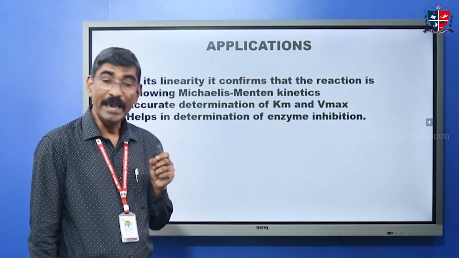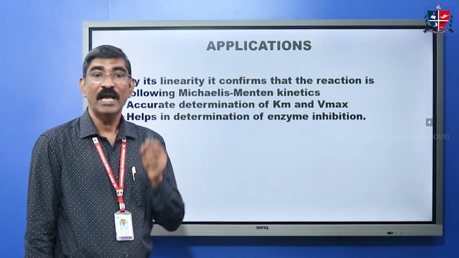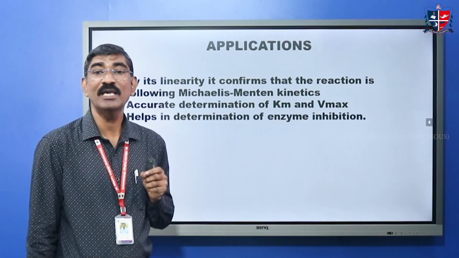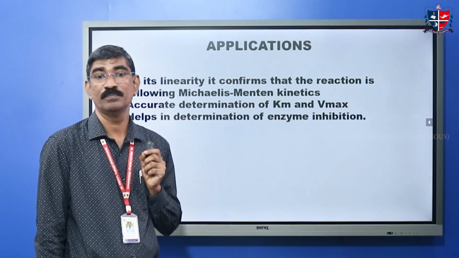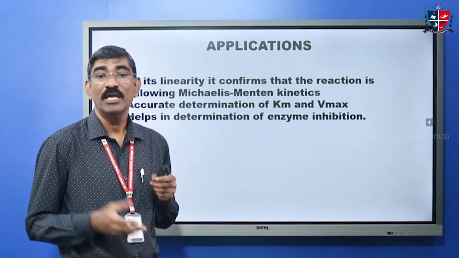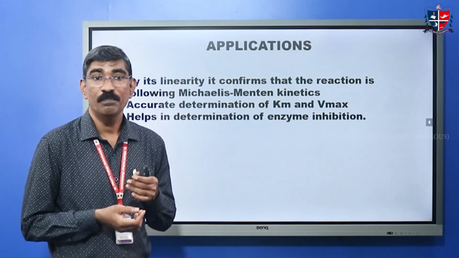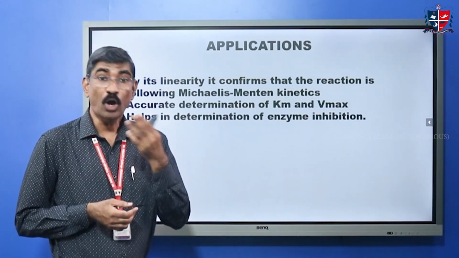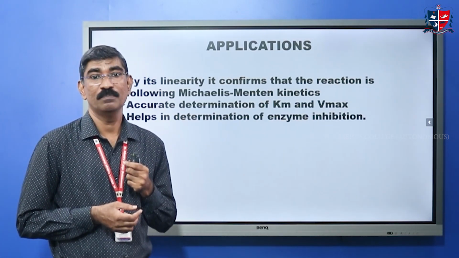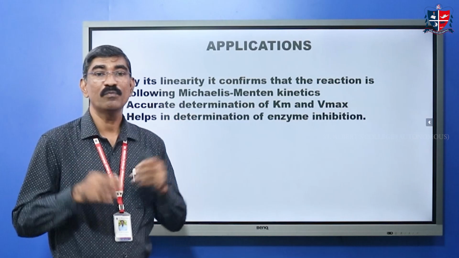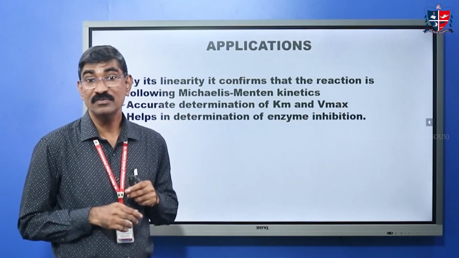You know, these enzymes are proteins, and these enzymes can be inhibited by various types of molecules. Different types of inhibitors, it can be competitive inhibition, non-competitive inhibition, or uncompetitive inhibition. We will see all these types of inhibitions in another session.